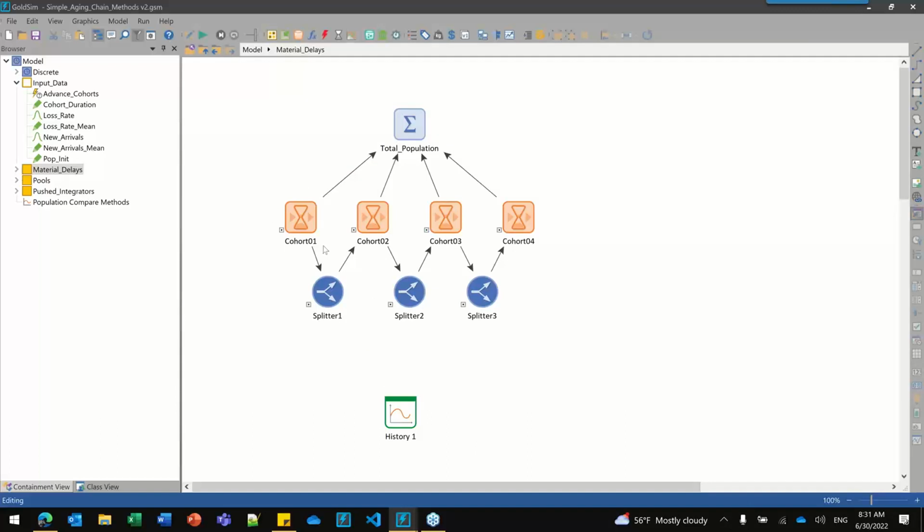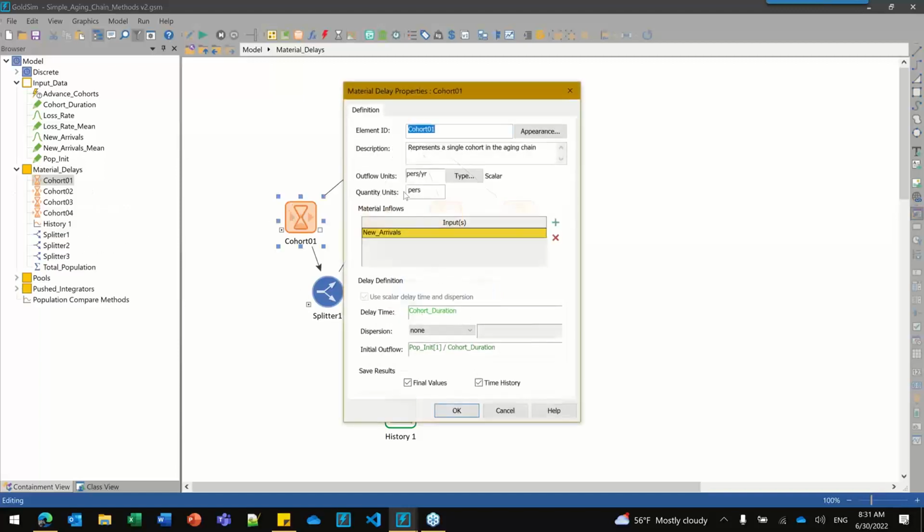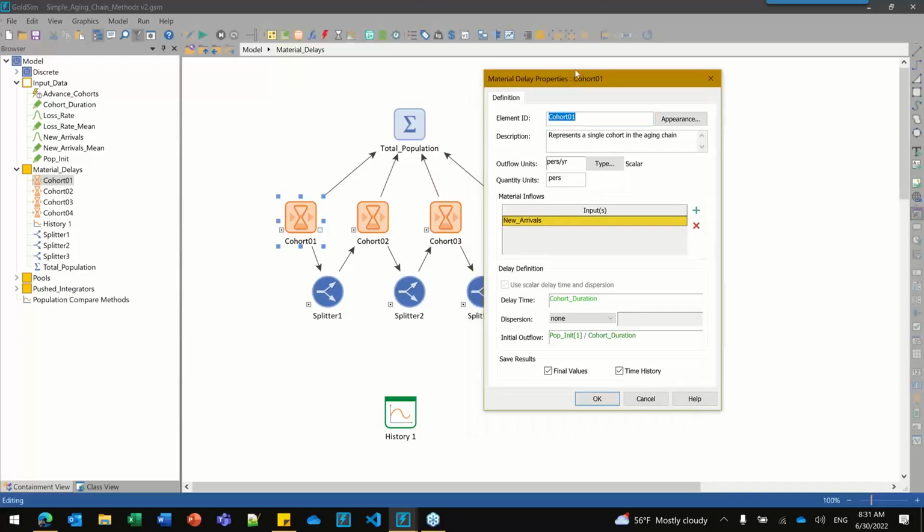If you use a material delay method, then likely you'll need to also add splitter elements if you have losses leaving each cohort, and usually you would. And so you need to use a splitter in order to remove the portion that is lost before graduates move into the next cohort.